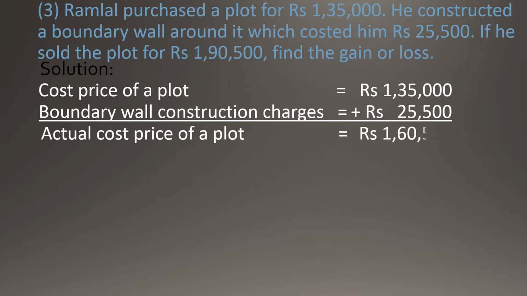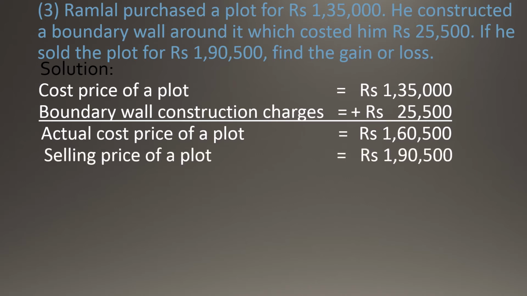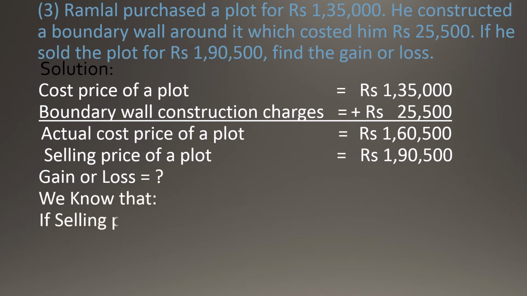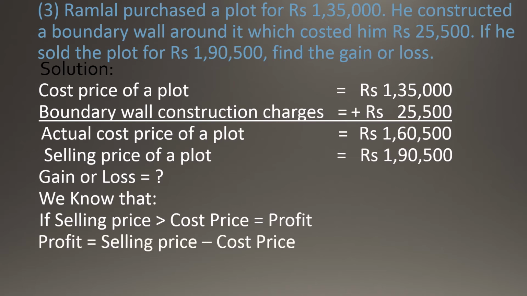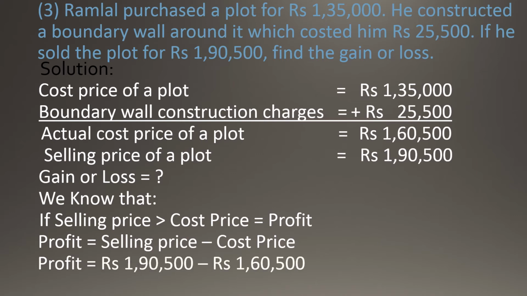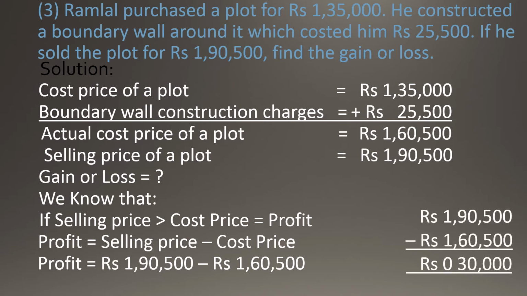We get rupees 1,60,500. And the selling price of the plot is rupees 1,90,500. Gain or loss we have to find out. Now tell me which one is greater, selling price or cost price? Yes, selling price. And we know that if selling price is greater than cost price, we have a profit. So profit is equal to selling price minus cost price. Now put the value. Rupees 1,90,500 minus rupees 1,60,500. Now do the subtraction. We get rupees 30,000. So profit is equal to rupees 30,000.